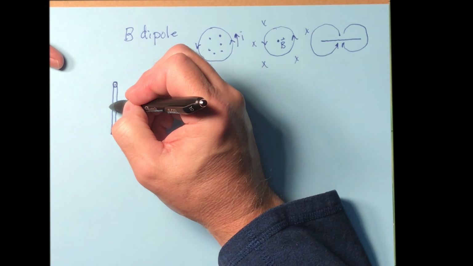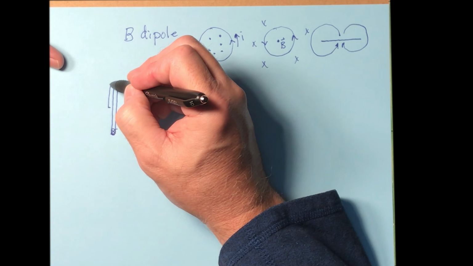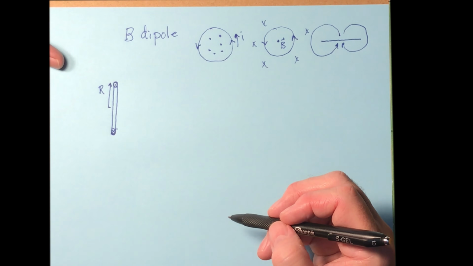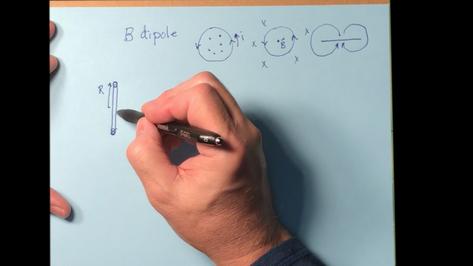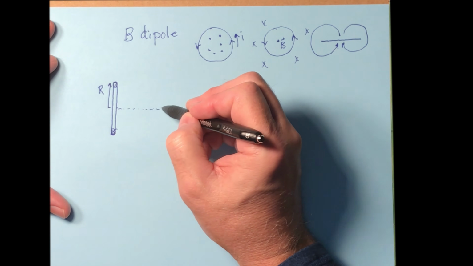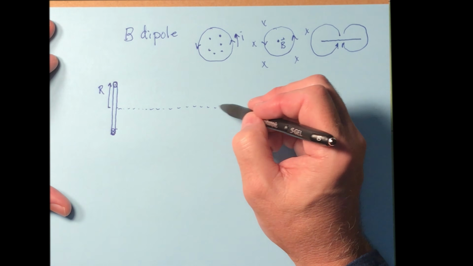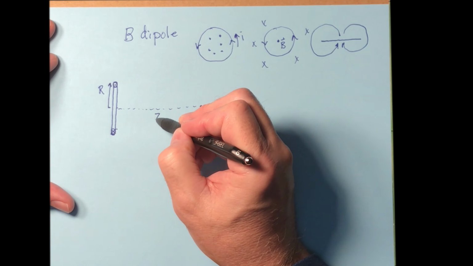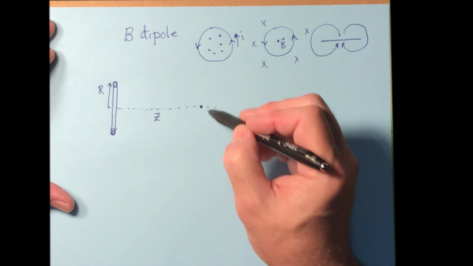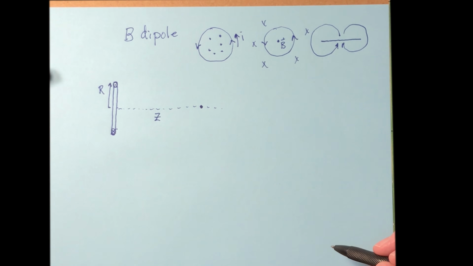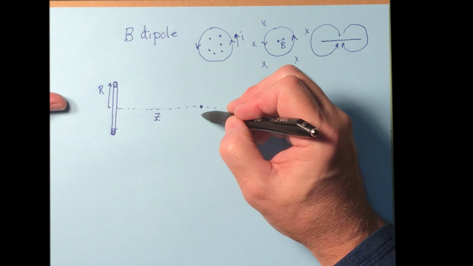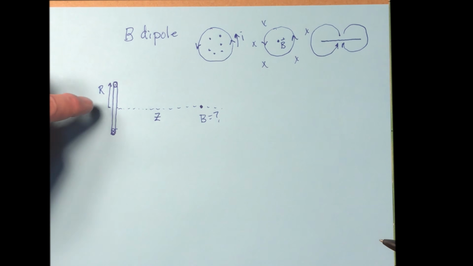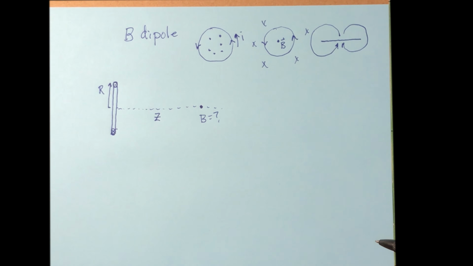Let's say this is the center of the loop, up to that point right there. This is the radius of the loop. Then along this radial axis, out some distance away, let's say a point right there, the distance to that point we'll call the z direction. I want to know what the magnetic field is at that point due to this current-carrying loop of wire.